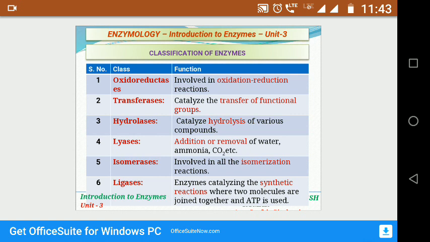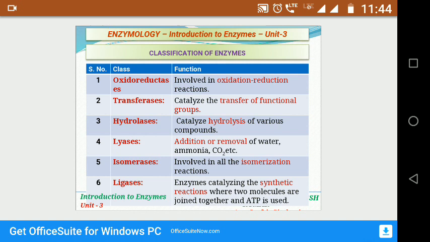That is an oxidation reaction. So the same enzyme, lactate dehydrogenase, catalyzes both oxidation and reduction reactions. That is why this enzyme comes under the class of oxidoreductases. Only electrons are involved in the reactions carried out by this class of enzymes.